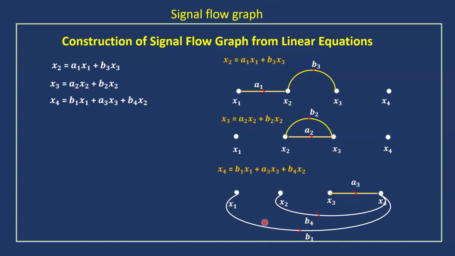Now we can combine the graphs and draw them completely. That is the equivalent signal flow graph for the set of equations representing the total control system. We can combine and draw the signal flow graph like this.